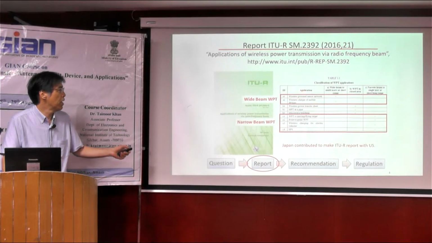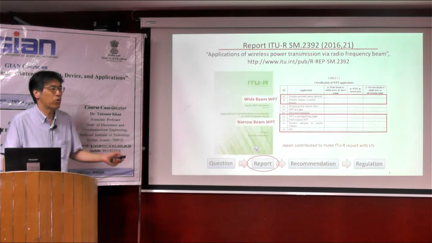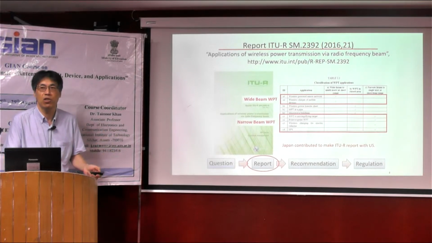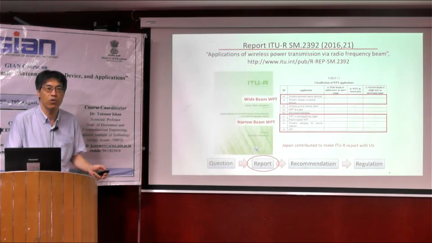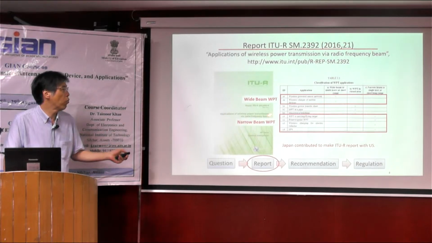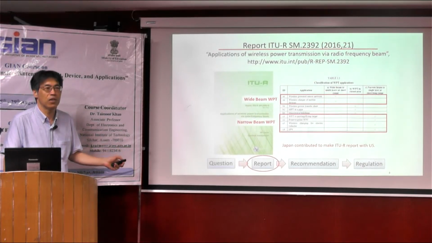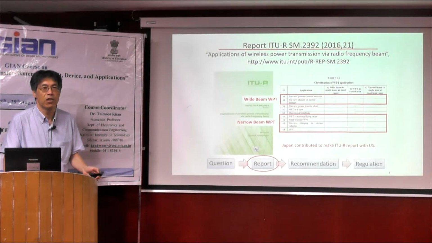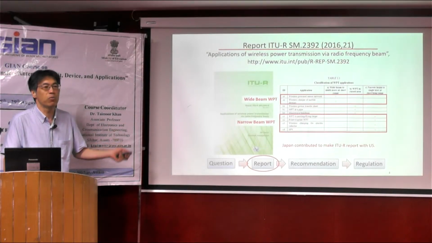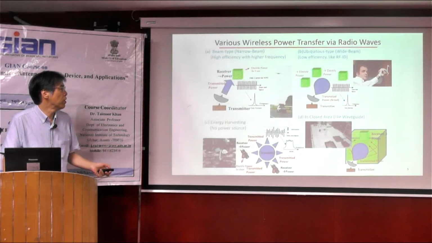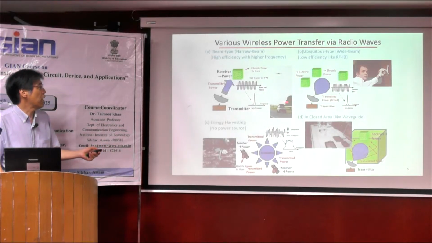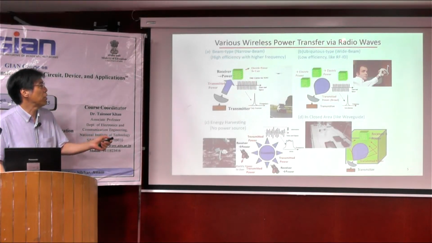Both the WPT system, the wireless communication system, and other systems use the same radio waves. So why do these systems have different names? It depends on the wave theory, which I'd like to explain next. As I mentioned, we can classify narrow beam and wide beam.